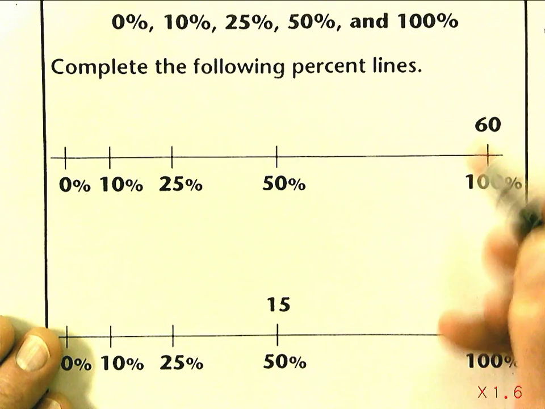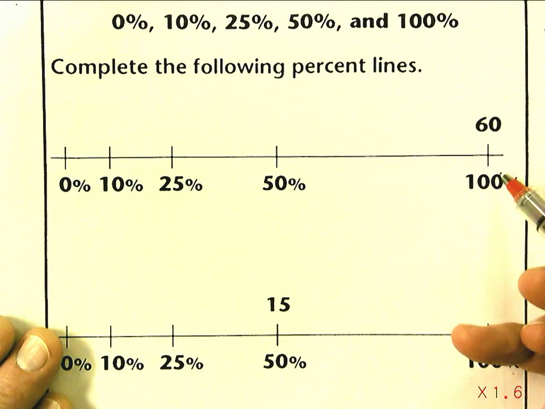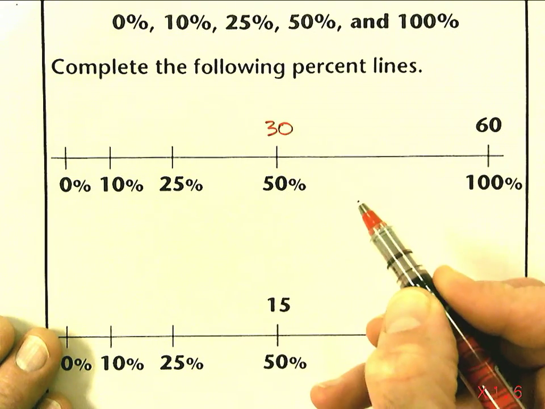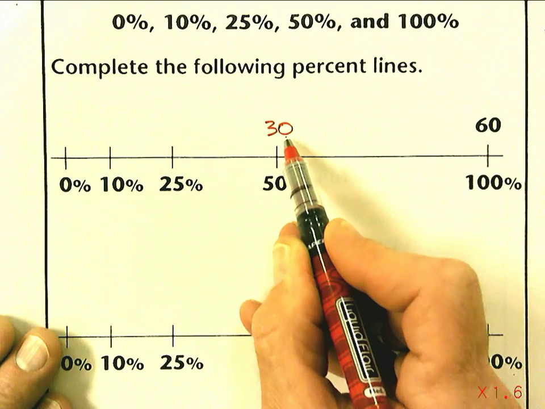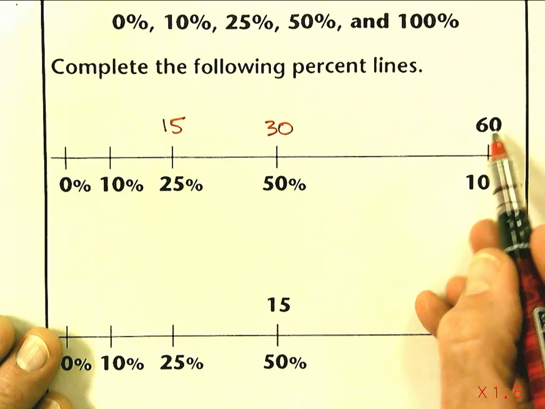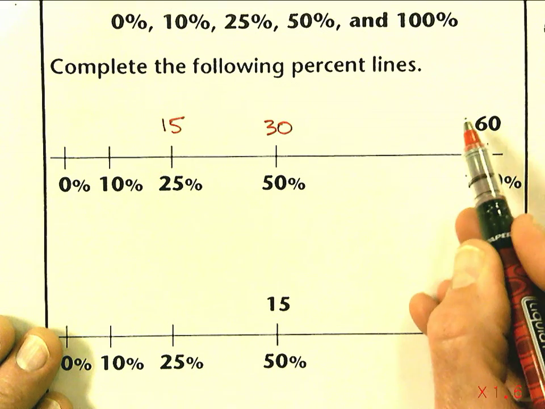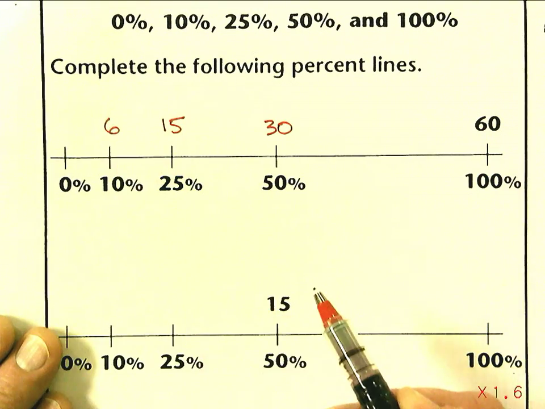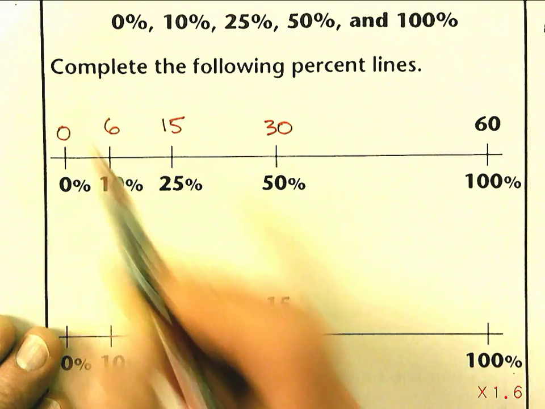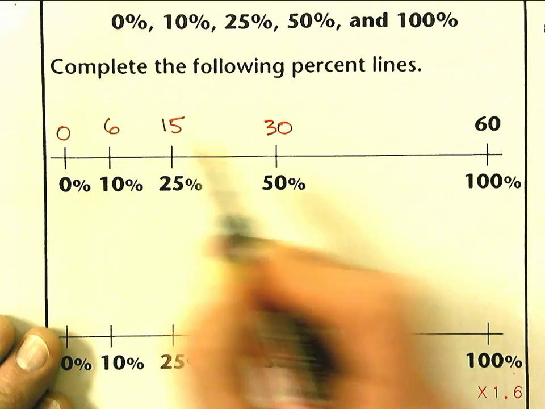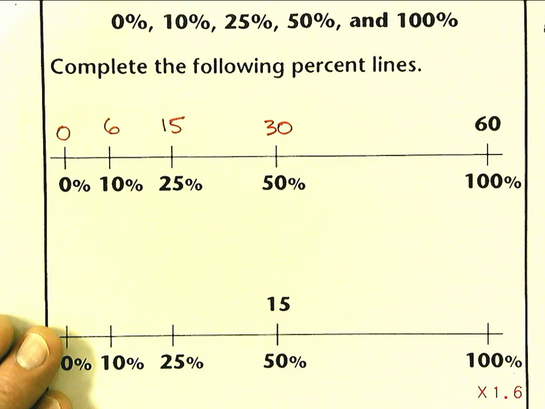So again, if we start with the number 60, and we know that 50% of it is half of it, 25% of it is half of the half, 10% of it is 1/10, or this number divided by 10, so 60 divided by 10, and of course 0% is none of it. So there's our 0%, 10%, 25%, and 50% of 60 for that first one.